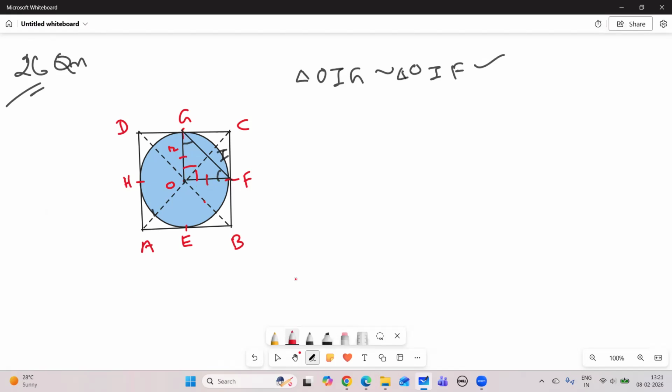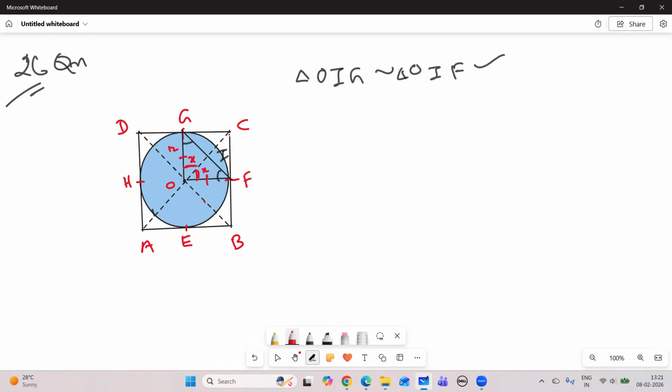Those two are equal. Let us call that equal value small x. So we get this angle is small x and this angle is small x. What are these angles COF and COG?